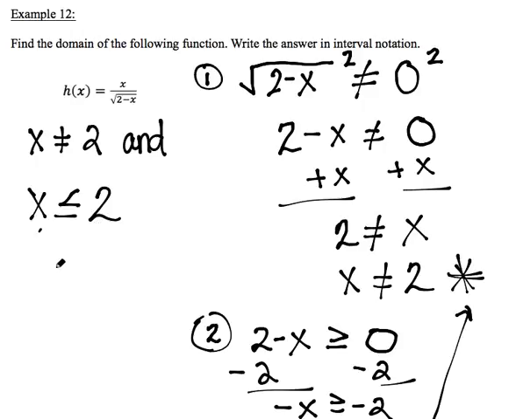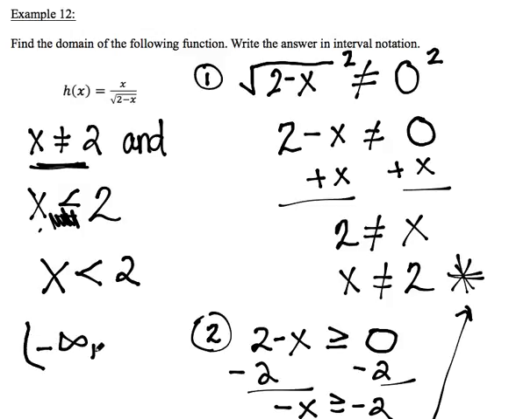When I put those together, what that's saying is that x has to only be less than 2, because this one is saying that x has to be not equal to 2. So really, I'm eliminating this equal to part. So x has to be less than 2. To write that in interval notation, that's everything from -infinity up to 2, not including 2. So it's going to get a parenthesis.